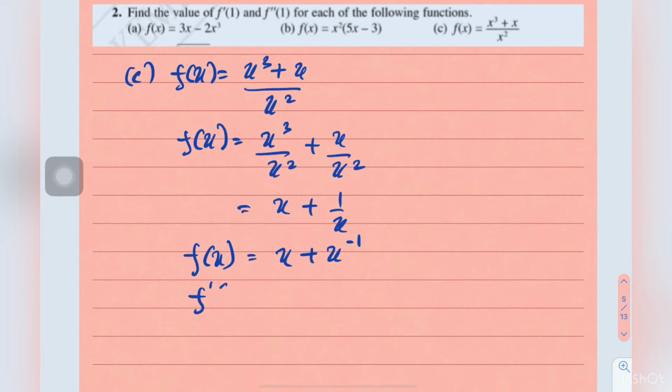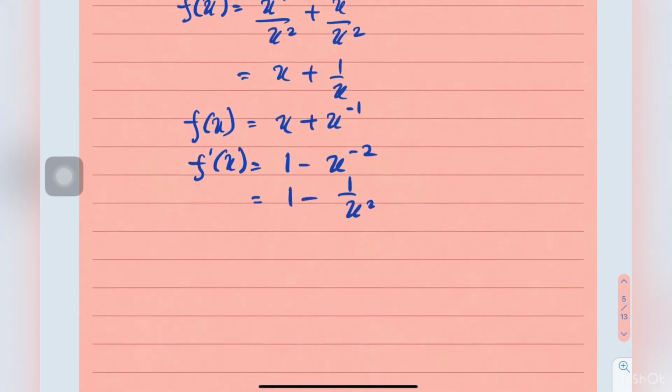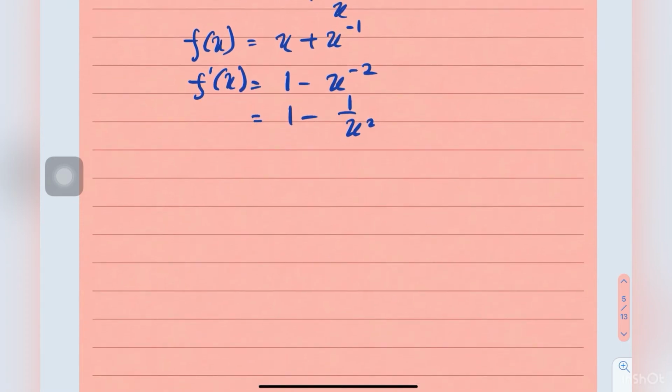The first derivative is 1 minus x power of negative 2, or otherwise 1 minus 1 over x squared. We substitute x equals 1, so f prime 1 equals 1 minus 1 over 1, which equals 0.